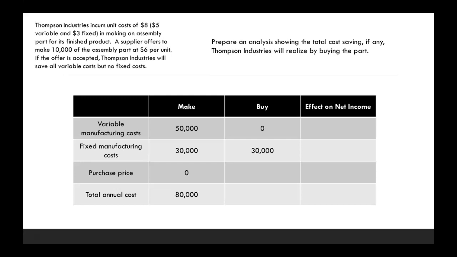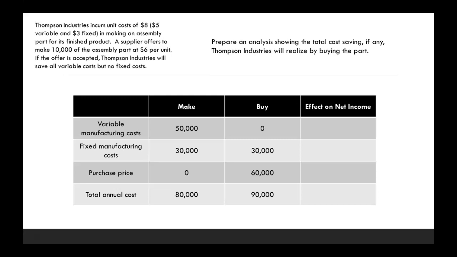So we still have all 30,000 in our fixed cost for the buy column. And then purchase price. Well, they were willing to sell it to us for $6 per unit. So 6 times 10,000 gets us that 60,000. So your total annual cost if you were to buy it would be 90,000.